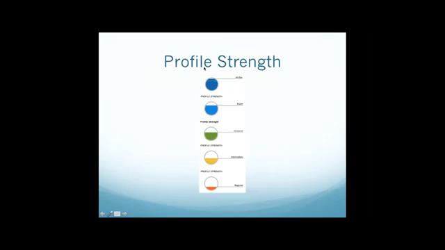To be an all-star, I believe you have to have uploaded your picture, you have to have a description of yourself, you have to have at least 5 skills that you've listed and have been endorsed for, and maybe publish a post or interact in a few different categories. It's not going to stop you from doing anything, but it's just a good indicator of how strong your profile is.